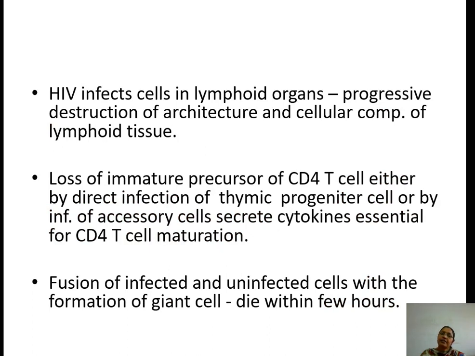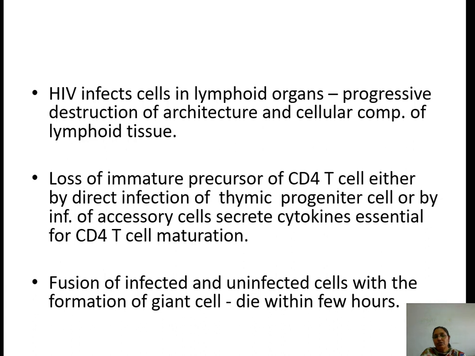Now, as soon as the HIV is detected by our immune cells like dendritic cells, CD4 cells, monocytes and macrophages, they are all transported into the lymphoid organs, and there is progressive destruction of the architecture and cellular composition of the lymphoid tissue.